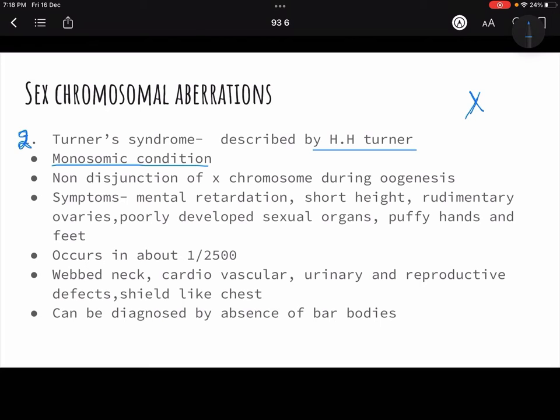So see, first let us understand what we are trying to do. We are basically studying the changes in the sex chromosomes, or the 23rd pair. So we have 22 autosomal pairs. We are not talking about that.